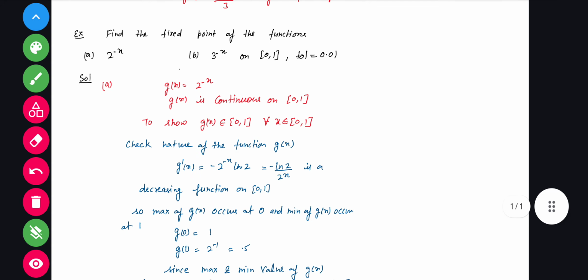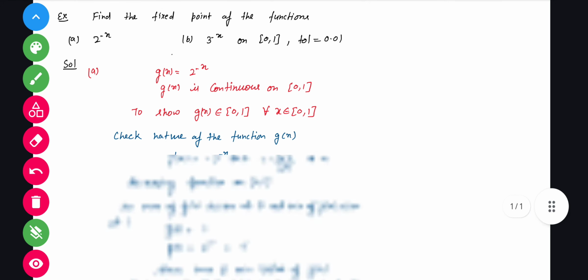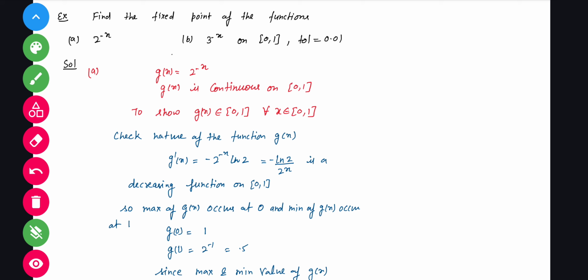So here is our another question. It is also about finding the fixed point of the function. If we can find the fixed point of the function, then we can easily find the root. But the headache is the g of x function. How to make g of x function?